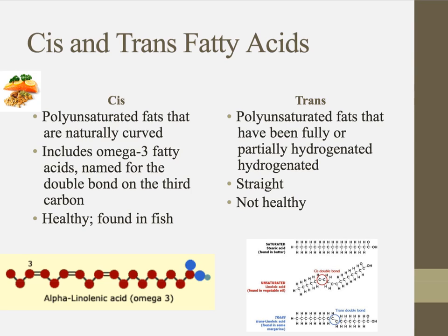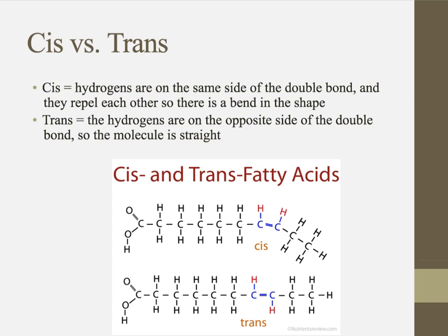And for those of you who are wondering how we get these names, cis and trans, it comes from the relationship of hydrogen atoms on the fatty acid chain. Okay, so cis and trans, those words tell us a lot, right? So trans means across. So the hydrogen atoms that we add in are across from each other.